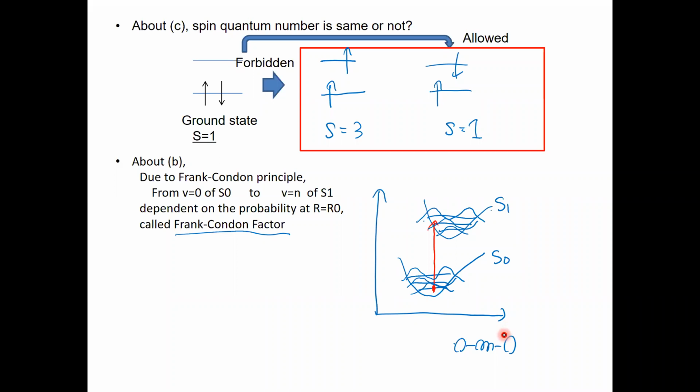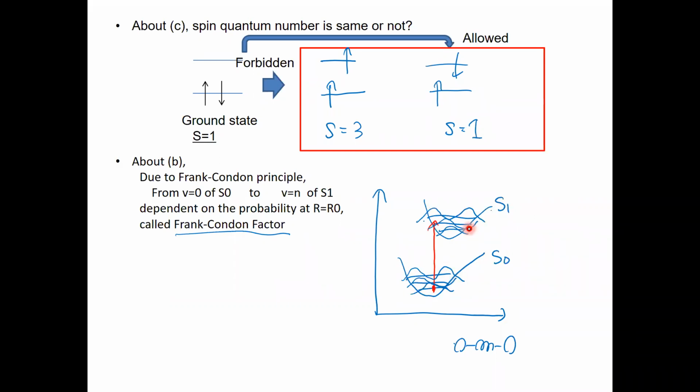You've already studied the ground state and the excited state showing these kinds of energy levels. But you remember that there are vibrational states in the ground state and excited states too.